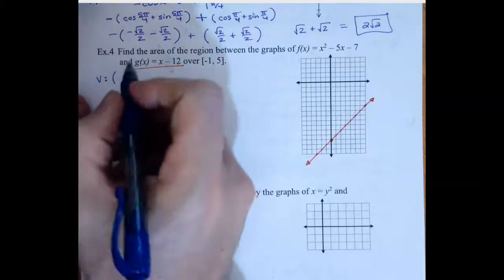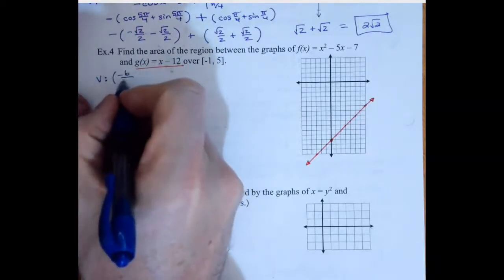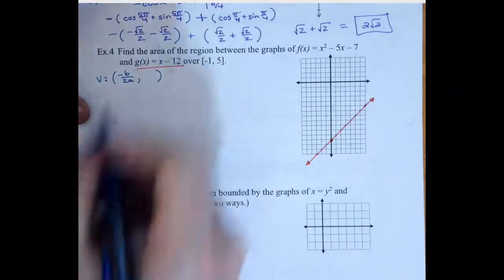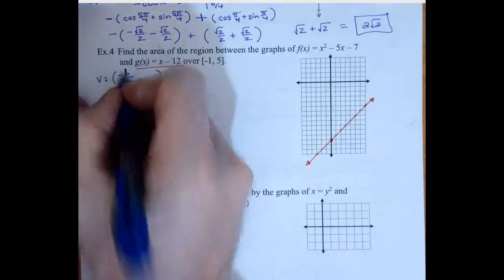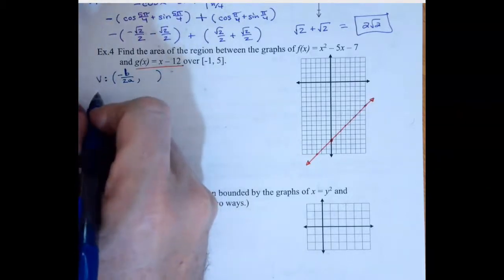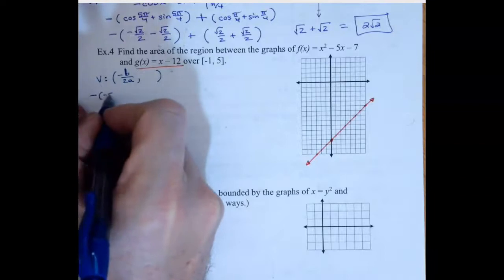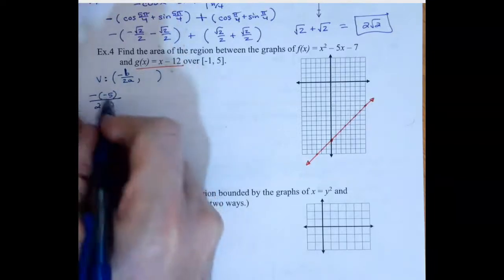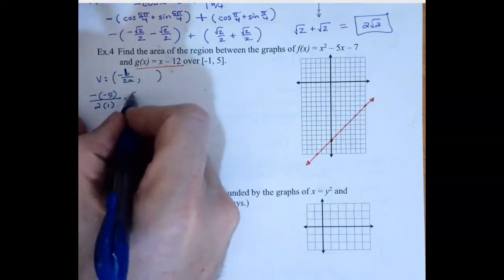So remember, the vertex is the opposite of b over 2a. Alright, so it looks a little bit like a 6, but it's a b. So that's going to be the opposite of negative 5 over 2 times a. So that's going to be 5 halves.